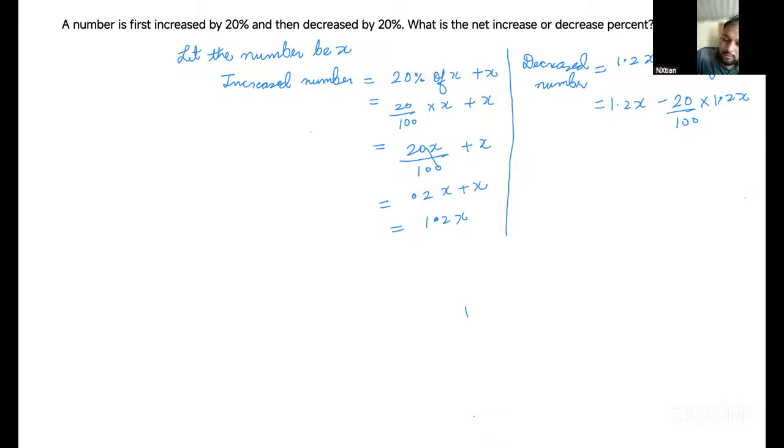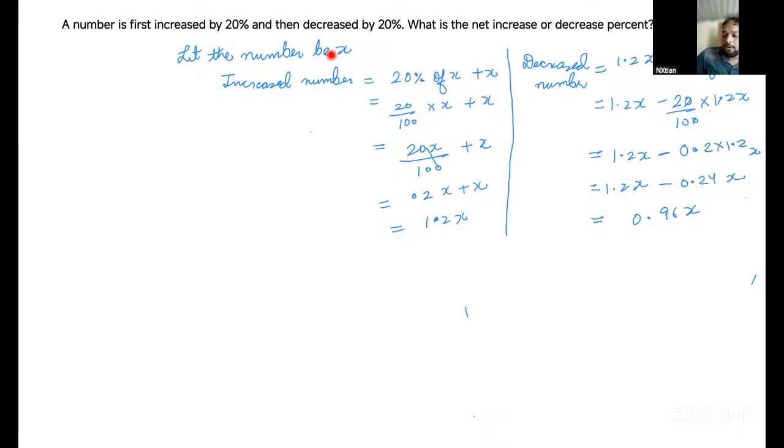So we solve this: 1.2x minus 0.2 multiplied by 1.2x, which will become 0.24x. If you subtract it, it becomes 0.96x.